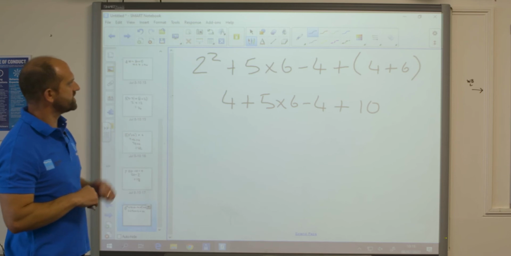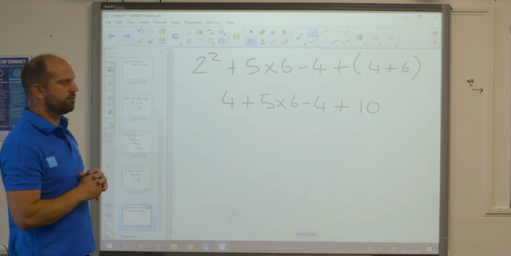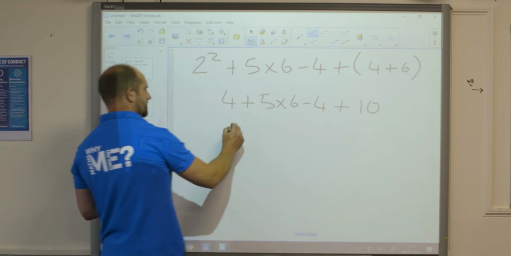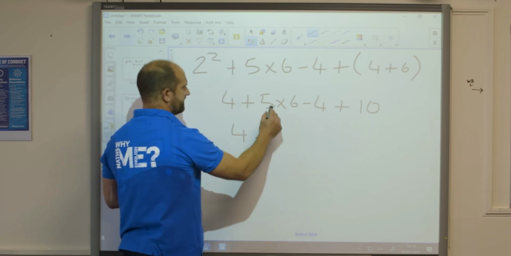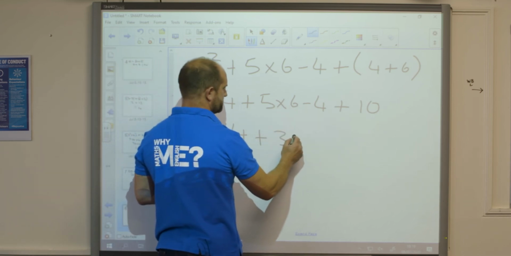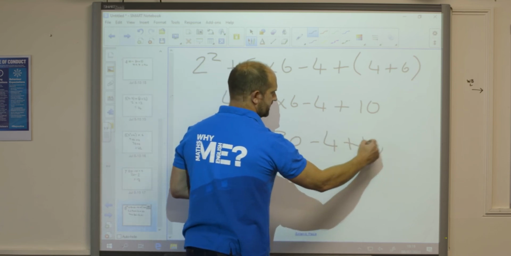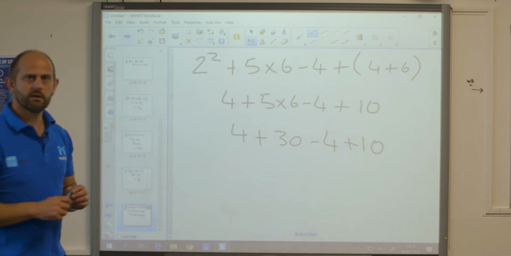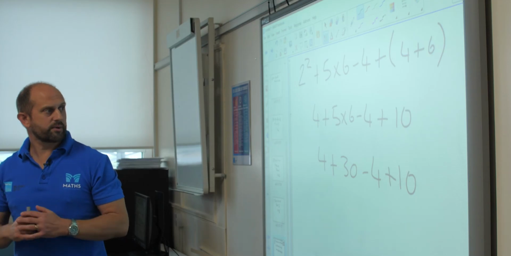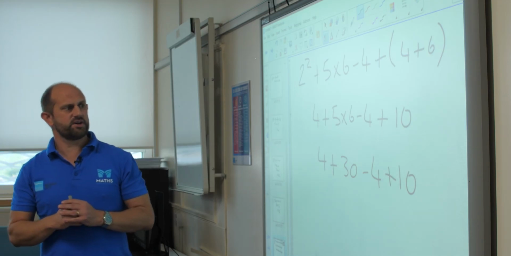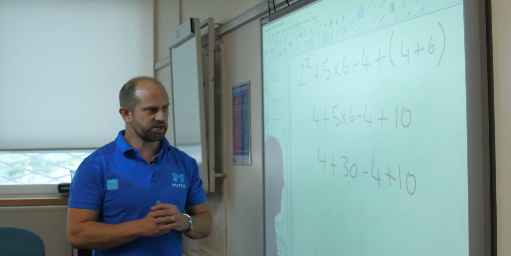So I've done my brackets, I've done my indice. Now I need to do the multiplication. So I've got 4 plus 5 times 6, well, that gives me 30, minus 4 plus 10. Done my multiplication. I haven't included a division, so now I'm going to look at my additions.